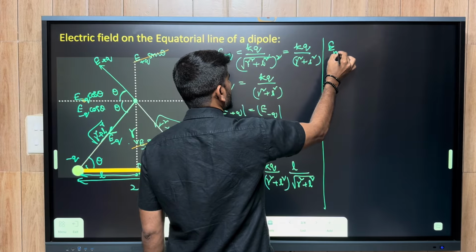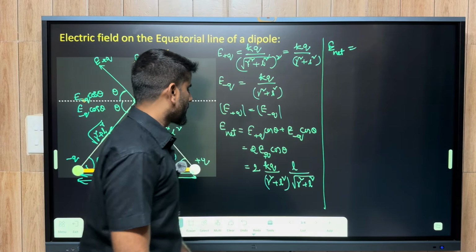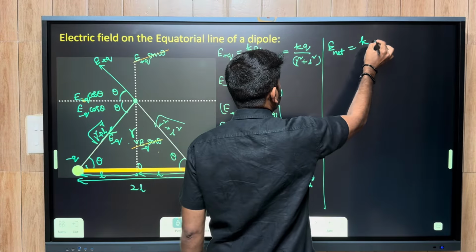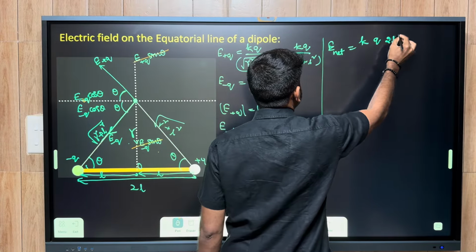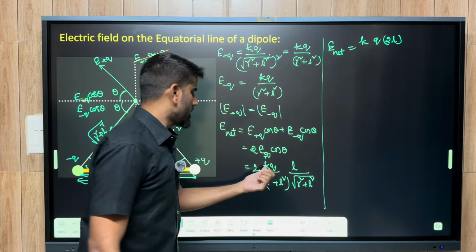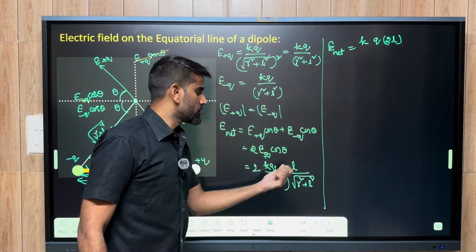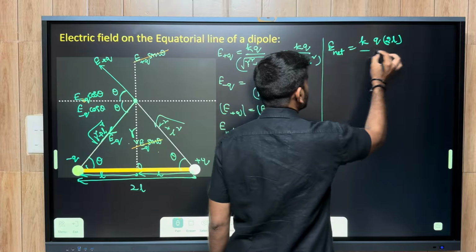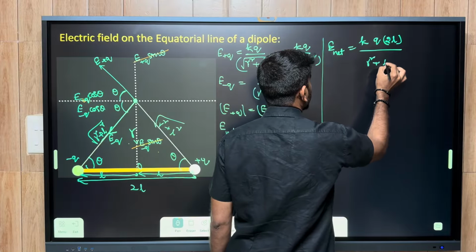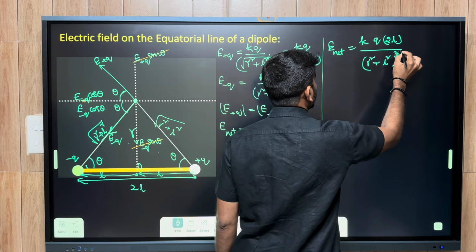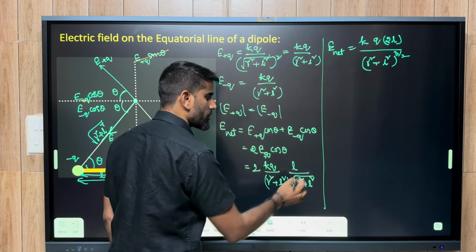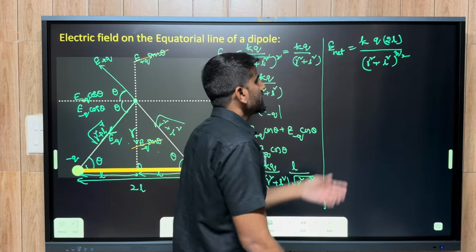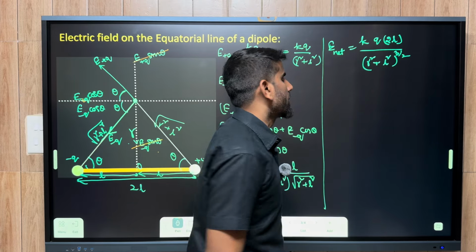So E net is equal to K Q into 2L, this 2 is multiplied here, over r square plus L square whole to the power 3 by 2, because power 1 by 2 together makes 3 by 2. Clear? Right. This is the equation that we are looking at.